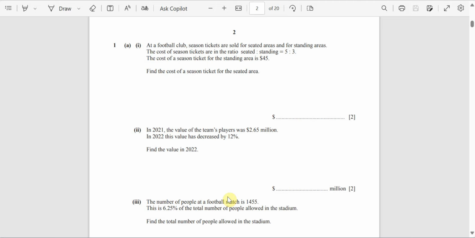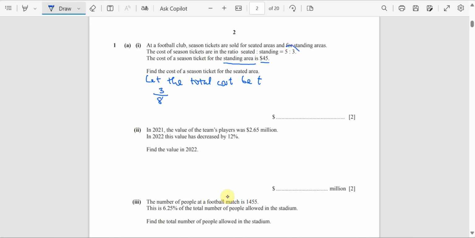So the first thing we need to do is to represent. Let the total cost be T. The cost of the standing area is $45, and this is the ratio for the standing area, that's 3/8.